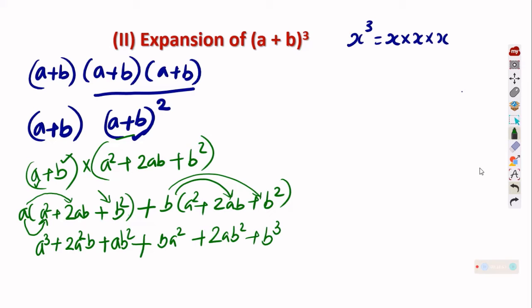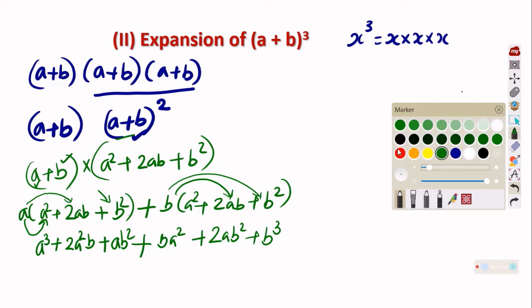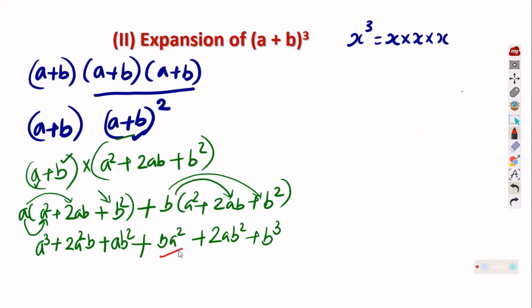तो फिर ऐसे देखने से हमको ऑब्जर्वेशन इज वेरी इंपॉर्टेंट. देखने से दूसरा कुछ समझ में आ रहा है हमको. इधर देखो, इधर a², ab², ba², 2ab², b³ है, राइट? ये ba² और इधर भी ba², ये उल्टा लिखा है इतना ही है, b एक बार a². तो here it is 1ba², here it is 2ba².